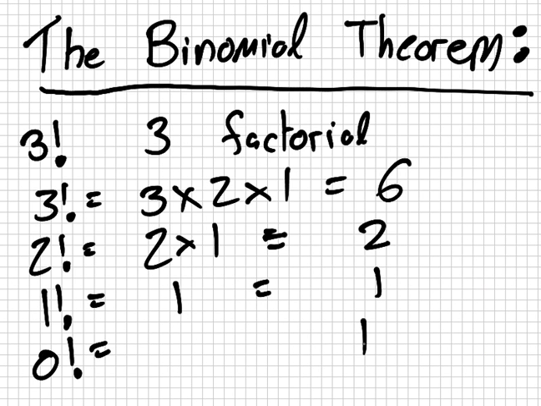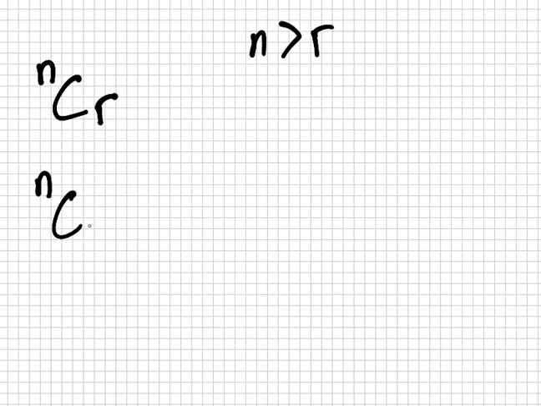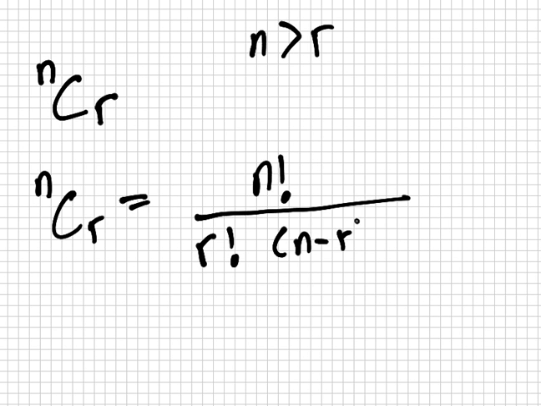Now I'm going to make a new function, the binomial function or C function. This function is nCr. Chinese students, in China you would write it backwards. In the West, we always put the bigger number on top. So nCr equals n factorial divided by r factorial multiplied by (n minus r) factorial.